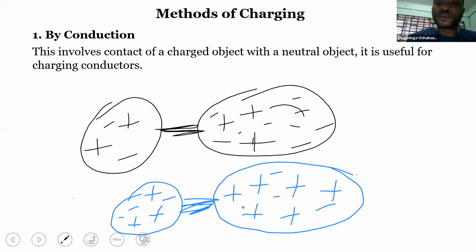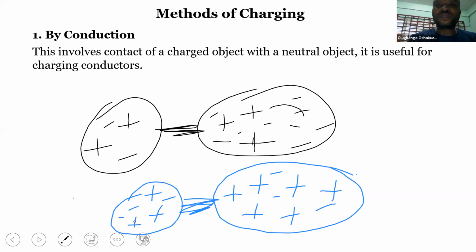And when that happens, this body would be having fewer electrons than it had originally. When it has fewer electrons, then we can say it has a positive net charge. We can say it is positively charged.